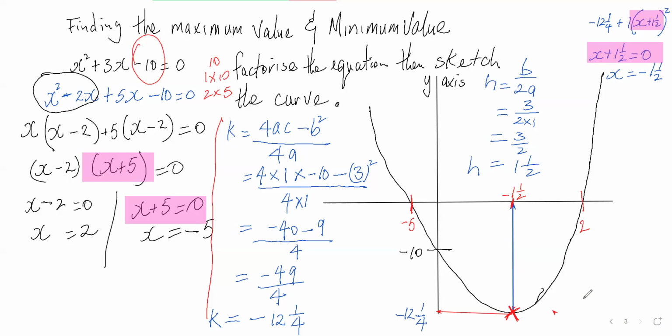So the coordinates of the turning point, which CXC could ask you, are negative 12.25, and that's the Y value. The X value will be negative 1.5.